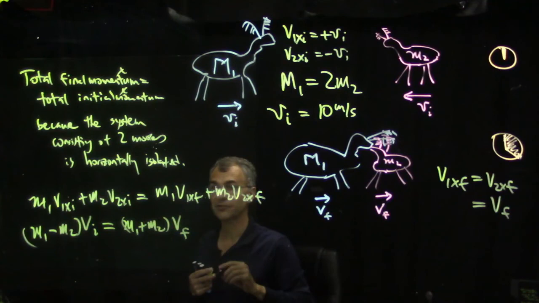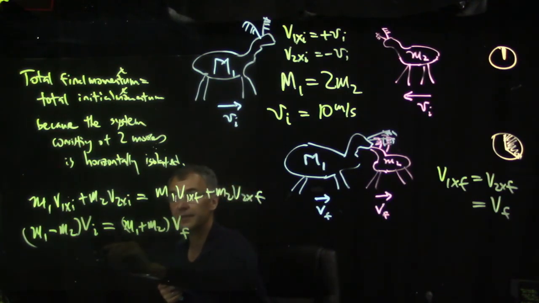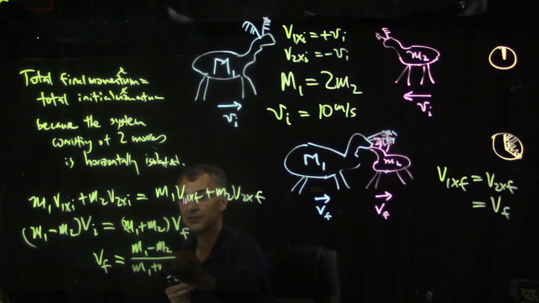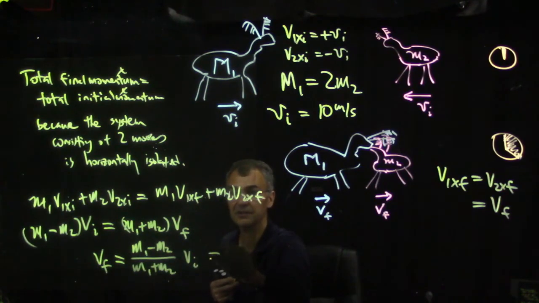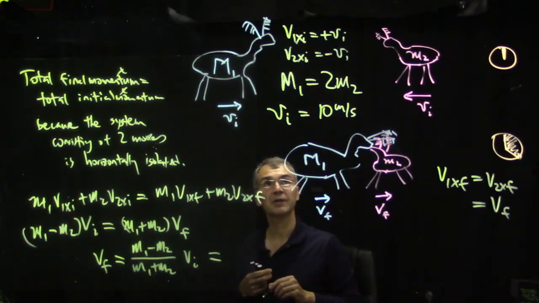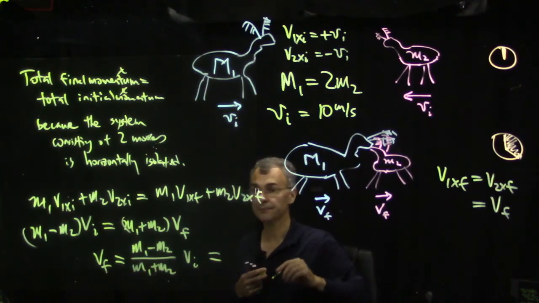That's enough to solve for v final. v final is (m1 minus m2) over (m1 plus m2) times v initial. And we said that m1 is 2 times m2.